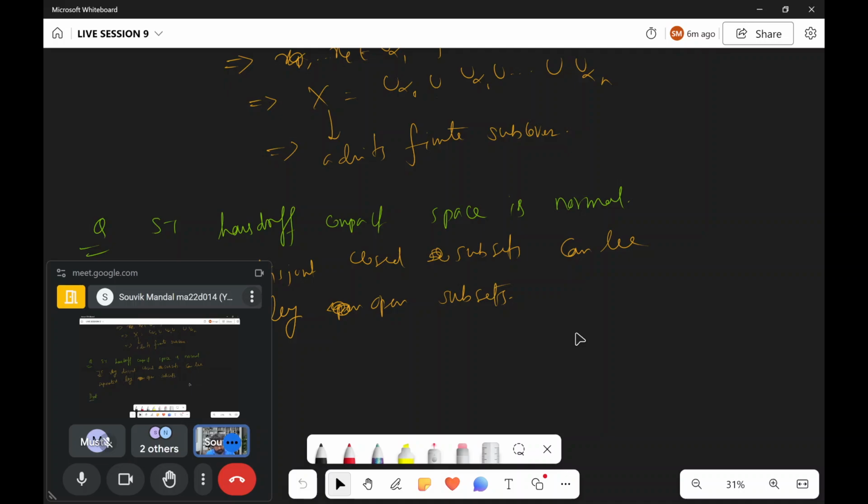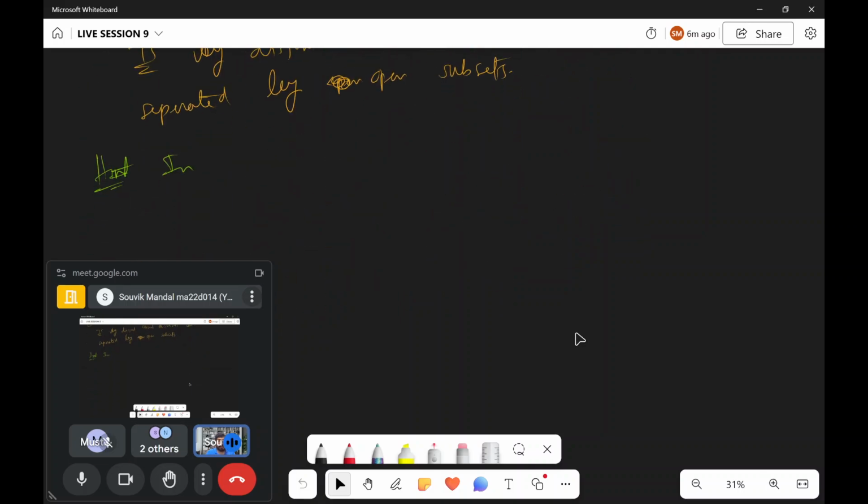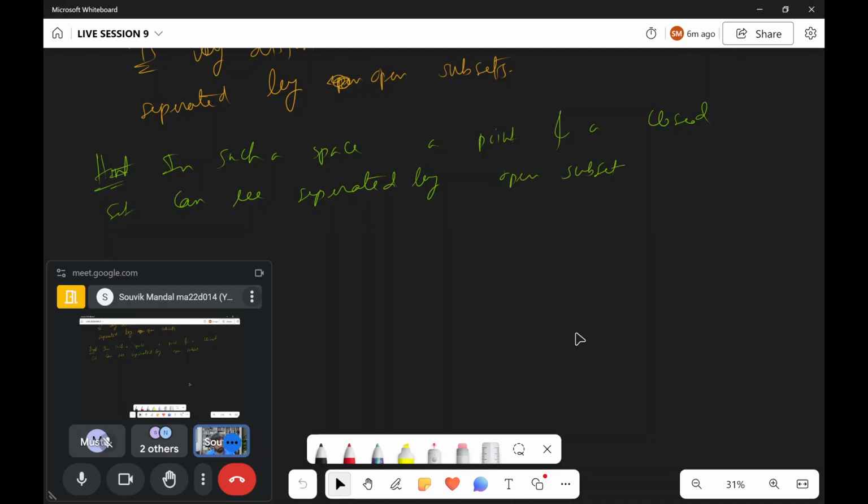Hint: in such a space, a point and a closed set can be separated by open subsets. These are disjoint open subsets.